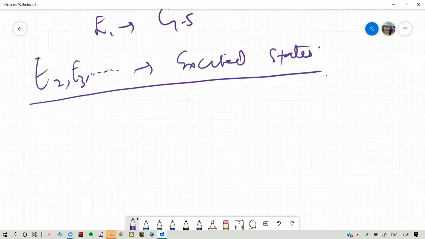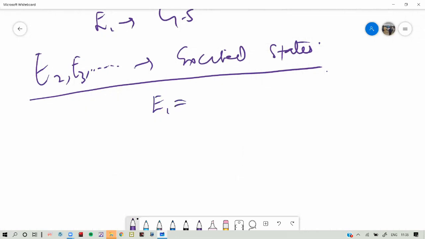For the hydrogen atom, the ground state E1 is called 1 Rydberg, 1 Ry. It is a unit of energy. We measure the energy of electrons in different orbits in terms of Rydberg, how many Rydbergs the electron energy is.